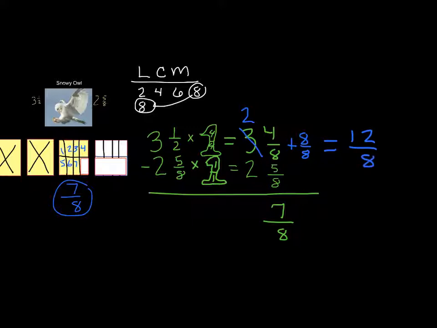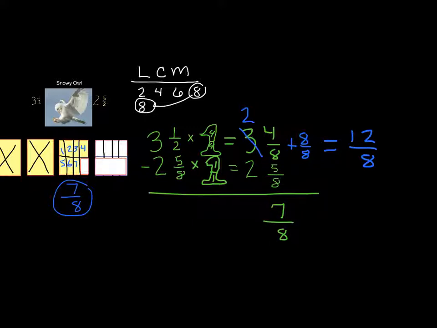And those are eighths. And then I can simply go 12 minus 5 is going to give me 7. And either way, you're going to end up with 7 eighths. You can do 8 minus 5 is 3, plus 4 is 7, or add these two together, and 12 minus 5 gives you 7, 7 eighths.